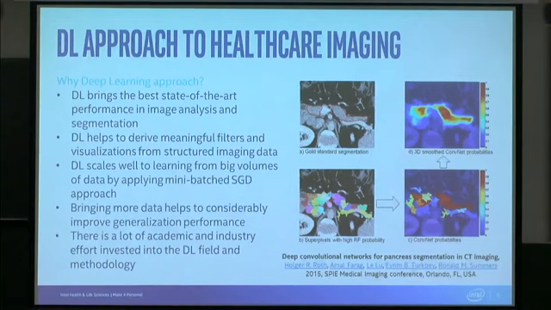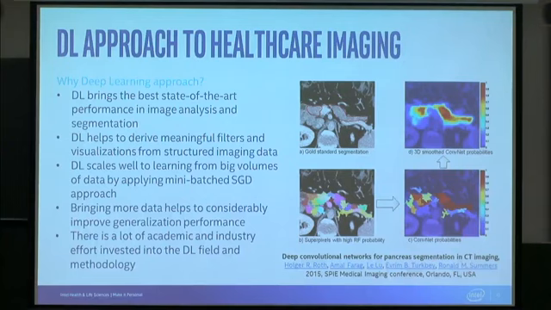And of course, there is a huge academic and industry effort invested into the deep learning field, so a lot of people around the world are working on this. For instance, I give a quick example of medical image segmentation here, this pancreas segmentation problem.